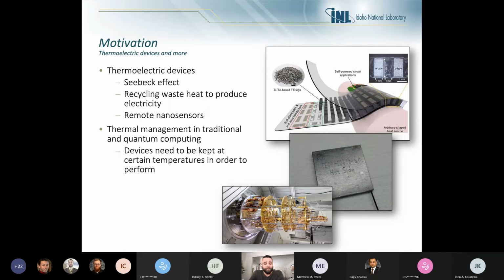Not only that, a big topic these days, and it has been for a while, and one major motivation is remote nanosensing. The one concrete example I can give you is automobile manufacturers.